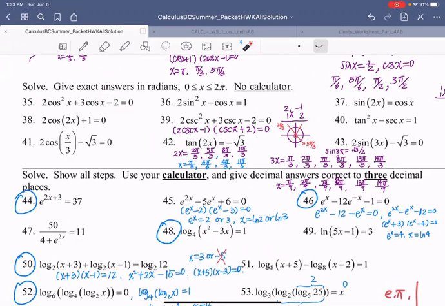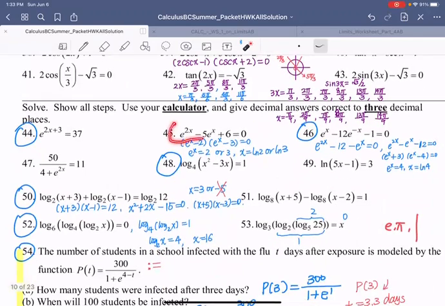You can either do completing the square, factoring, or using the quadratic formula to solve those equations, okay? For this type of question, this can also be changed by a U substitution into a quadratic equation.